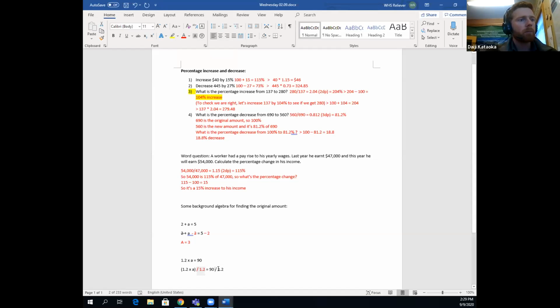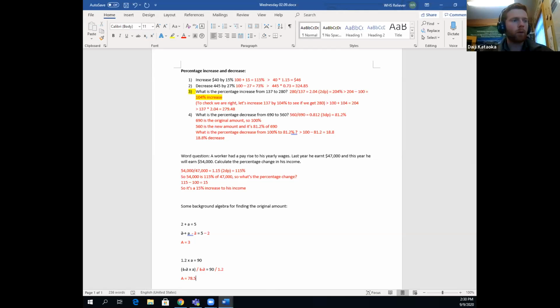So we're dividing both sides by 1.2, and the result is that we can cancel the 1.2s off this side. So I'm going to put a strike through that, and a strike through that. And what answer would that give us? A equals 75. 78? 75.